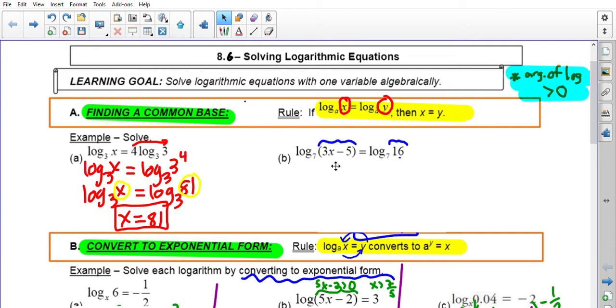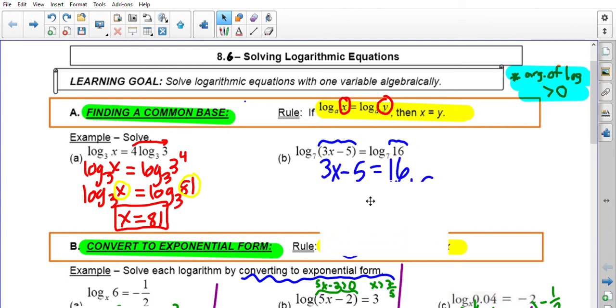All right, let's try again. We've got log of 3x minus 5 to the base 7 equals log 16 to the base 7. So again, this looks like the scenario up here. Since it's the same base, we just have to equate their arguments. The argument on the left is 3x minus 5, and on the right side the argument is 16.